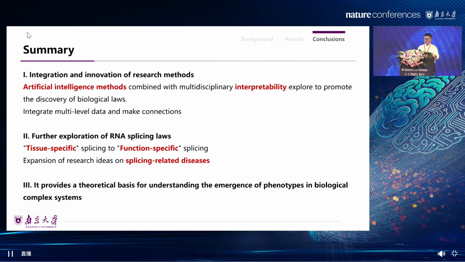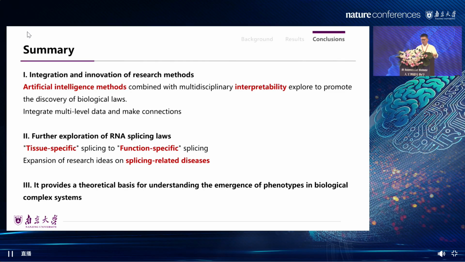Our work integrates artificial intelligence with multi-level biological data to uncover new principles for splicing regulation. It expands our understanding from tissue-specific to functional-specific splicing and provides a new framework for interpreting the thousands of genetic variants of unknown significance.